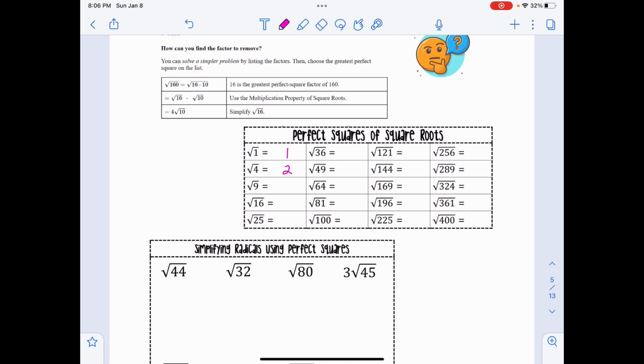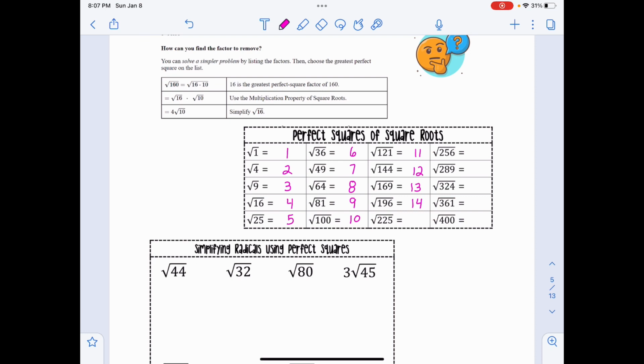Square root of 9 is 3. Square root of 16 is 4. Square root of 25 is 5. And I think you see where we're going with this. Square root of 36 is 6. Square root of 49 is 7. And we have 8, 9, 10, 11, 12. Square root of 169, that one pops up frequently.